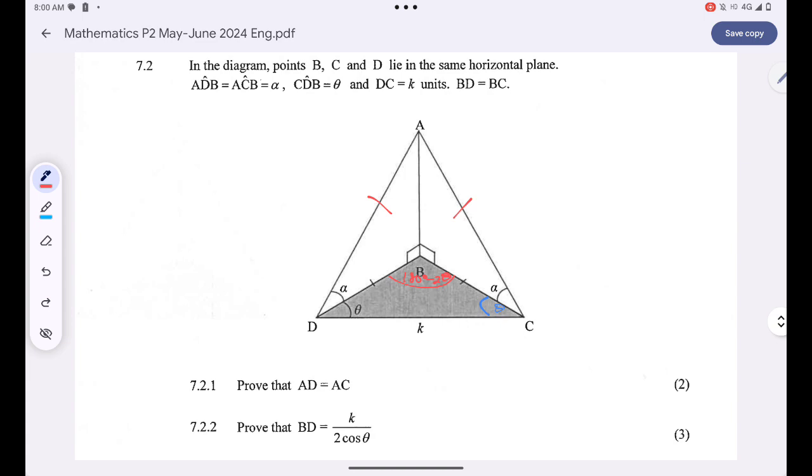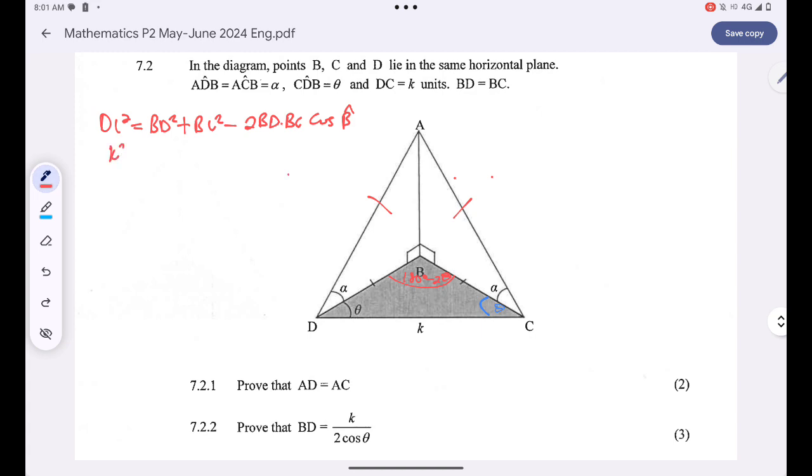The cosine rule simply says that DC squared is equal to BD squared plus BC squared minus 2 times BD and BC and the cos of angle B. Are you together?